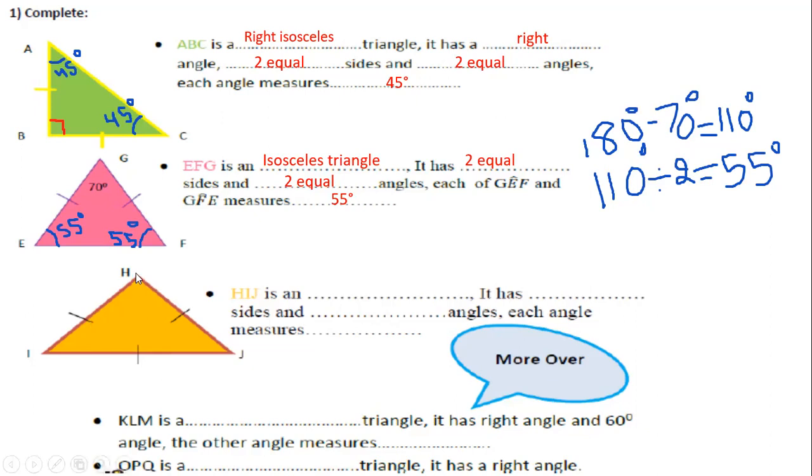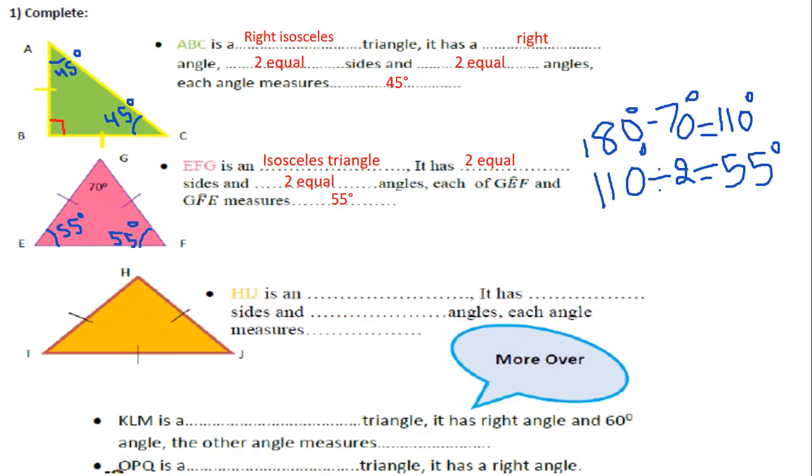This triangle is HIJ. We have a mark on HI, the same mark on HJ, the same mark on IJ. So the three sides are marked the same. What does this tell you? The three sides are equal.